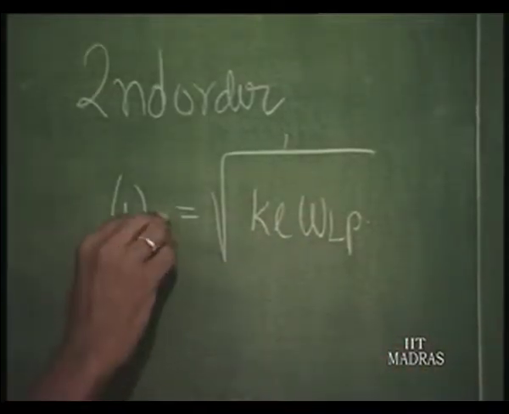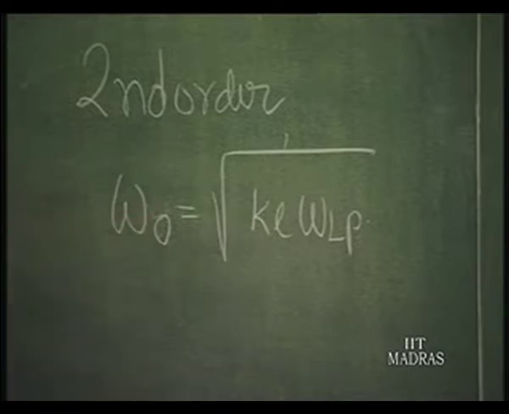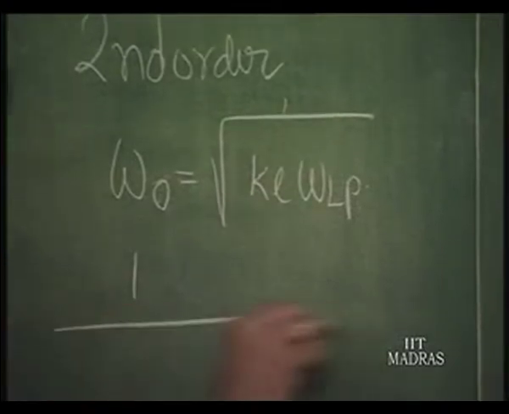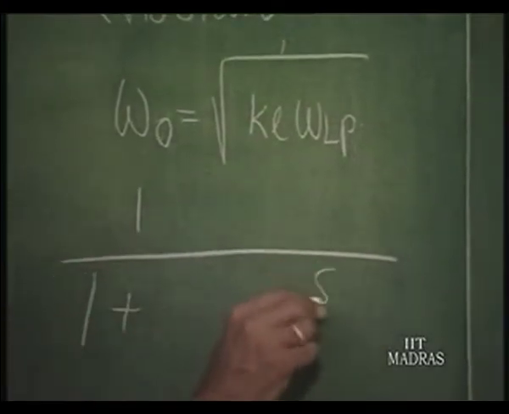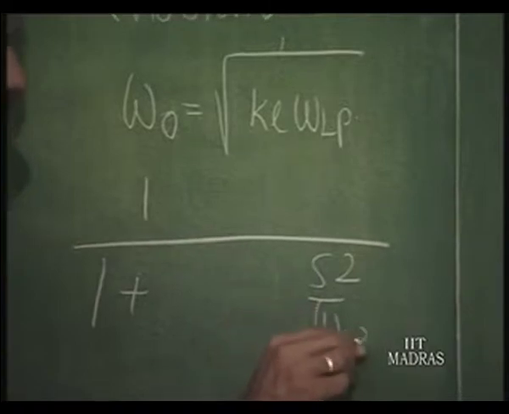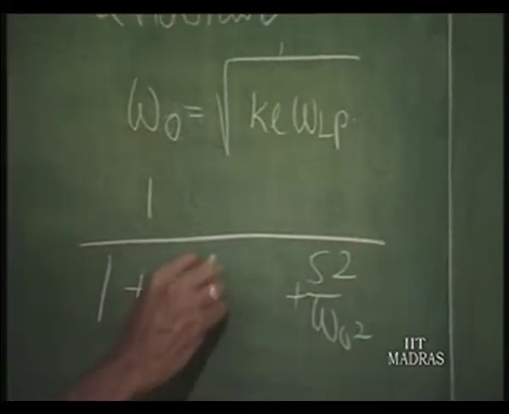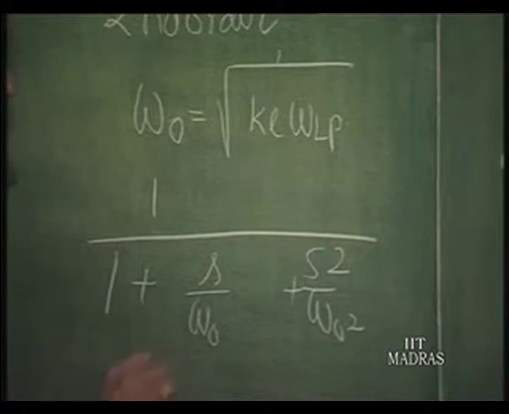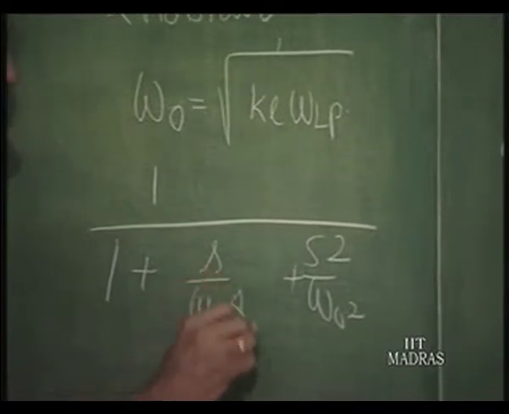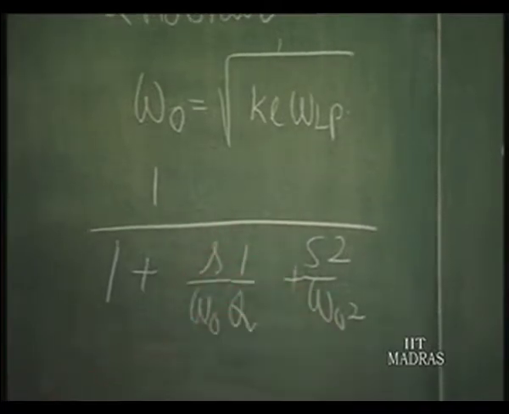We have been writing the natural frequency as omega naught, and we can write this as 1 by 1 plus S by omega naught into Q plus S squared by omega naught squared. This is the normal way we write the second order system.